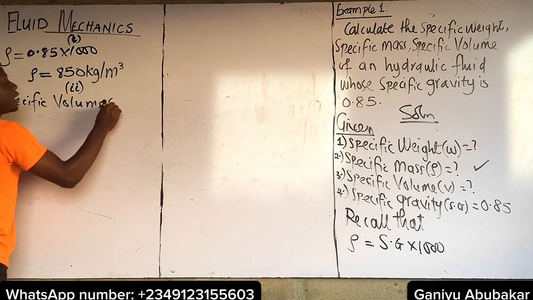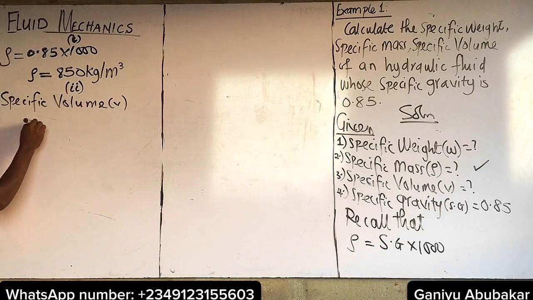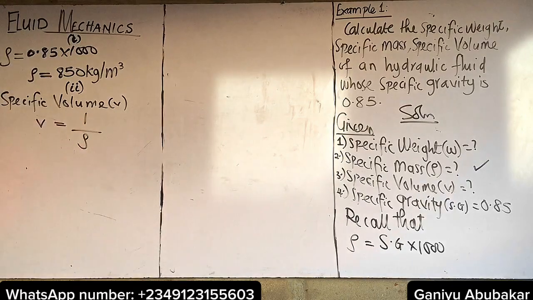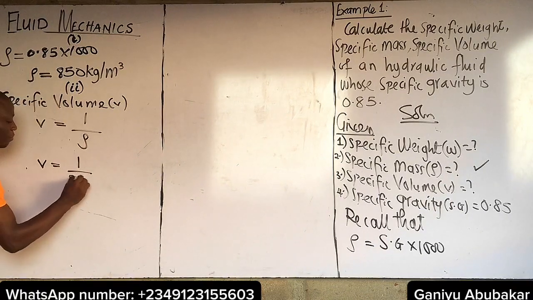Specific volume, that's small v. Recall that we said small v is equal to 1 over rho. Specific volume is the inverse of mass density. We established this. So small v, which is specific volume, is 1 over the density, that's 850.